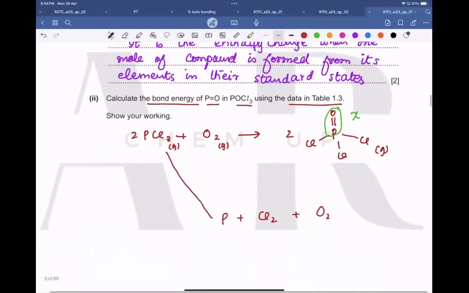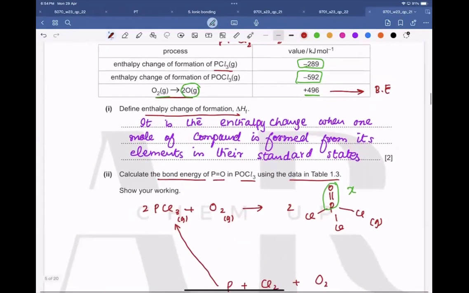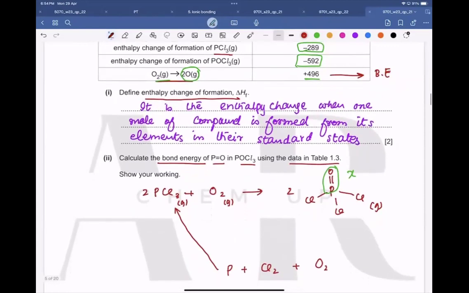So when they react to form PCl3, the change would be minus 289. There are 2 moles formed, so 2 times minus 289.